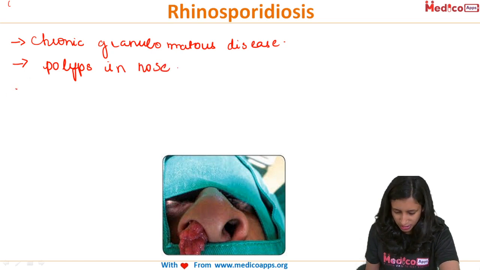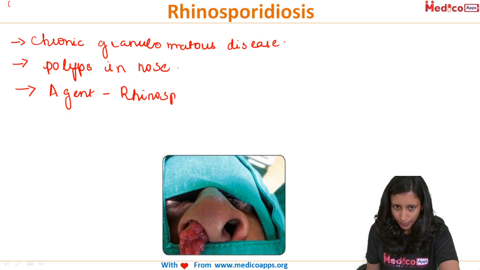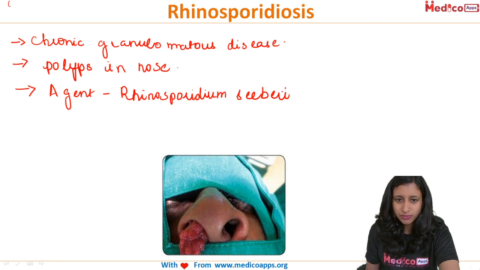And what is the causative organism that you have to remember? So the agent here is what is known as Rhinosporidium seeberi. So this is the organism that is responsible for causing rhinosporidiosis.